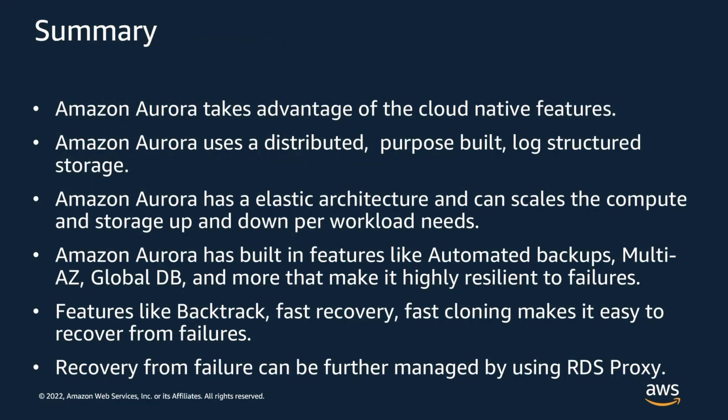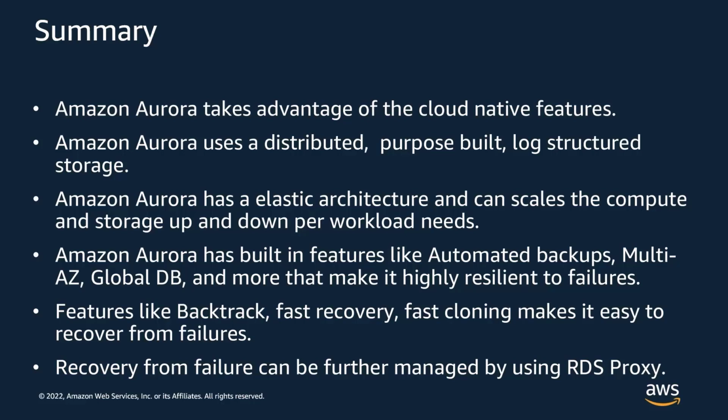So in summary, Amazon Aurora takes advantage of the cloud-native features like the abundance of storage and compute. Aurora uses distributed, purpose-built, and log-structured storage, which is kind of the secret sauce behind Amazon Aurora, which makes it so scalable. Aurora has an elastic architecture that scales the compute and storage up and down per workload needs.